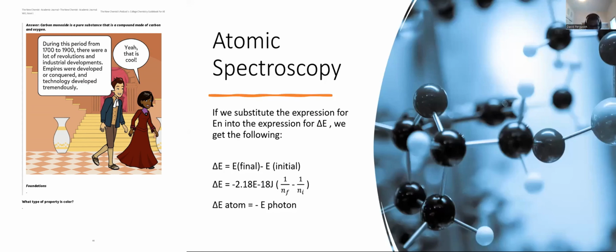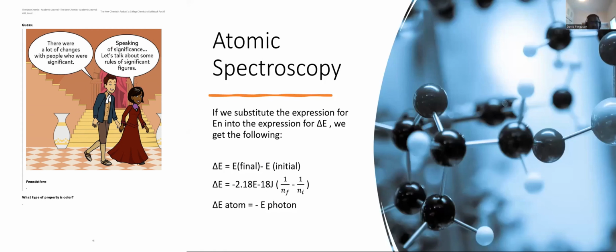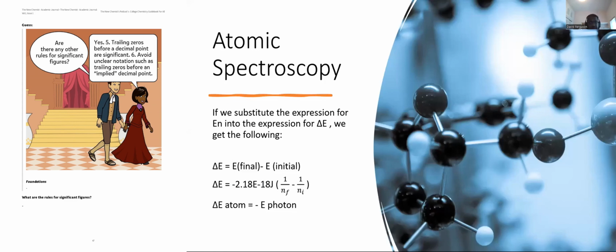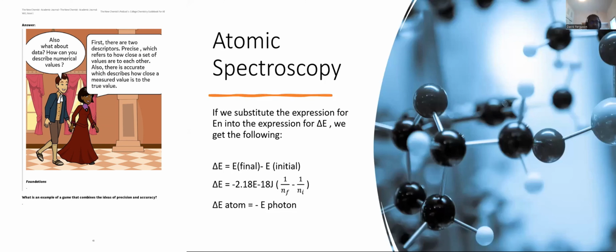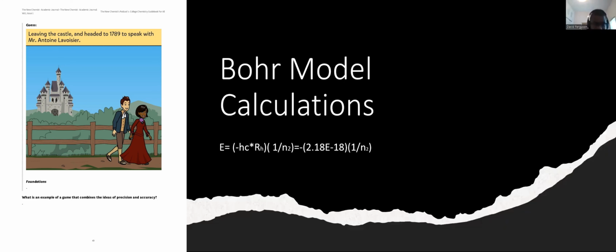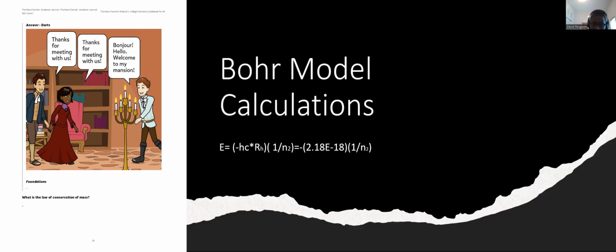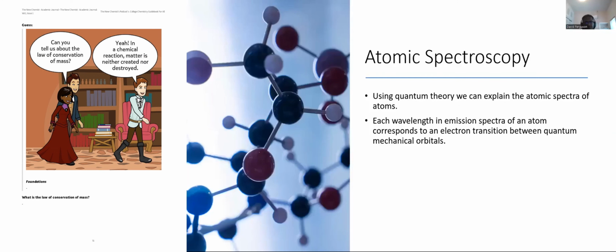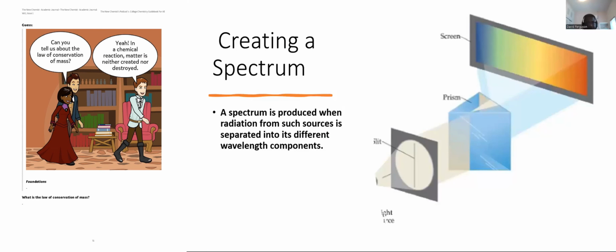Then you continue working at deriving the expression, and you get Rydberg's constant multiplied by the reciprocal of the final quantized state minus the reciprocal of the initial quantized state. And that gives you the change in energy associated with the transition. This is an example of the equation, basically including Rydberg's constant and Bohr's descriptions. So that's a quick overview of what we will talk about today, but let's break it down.